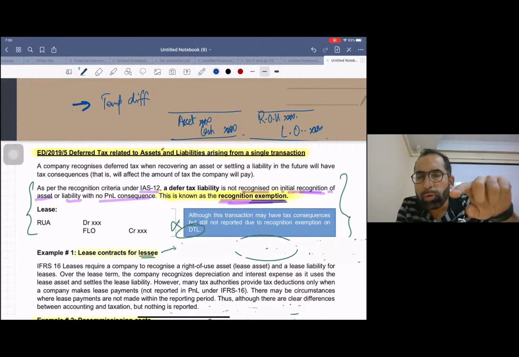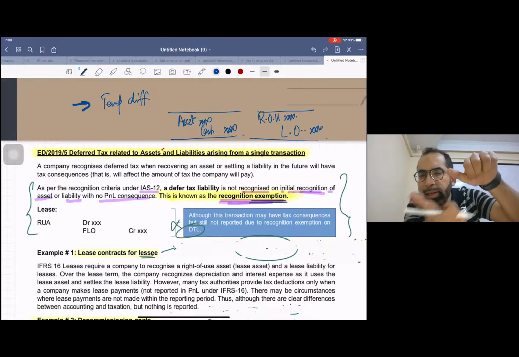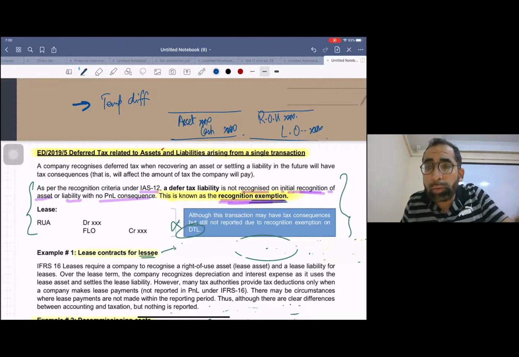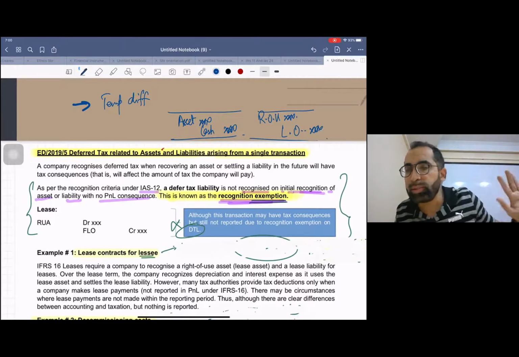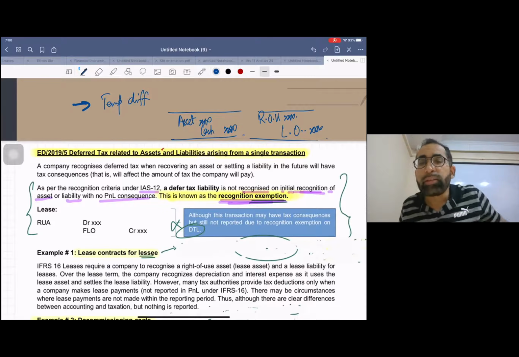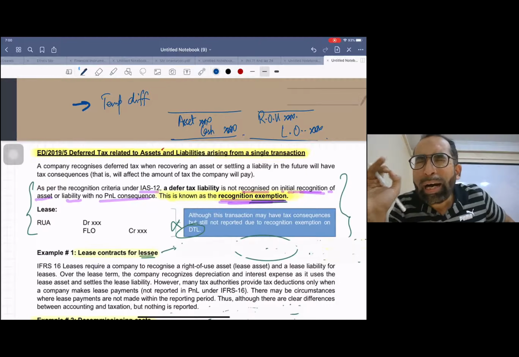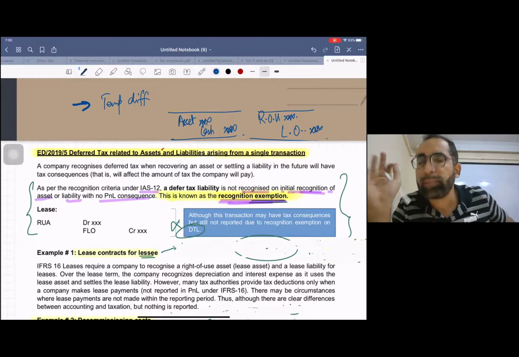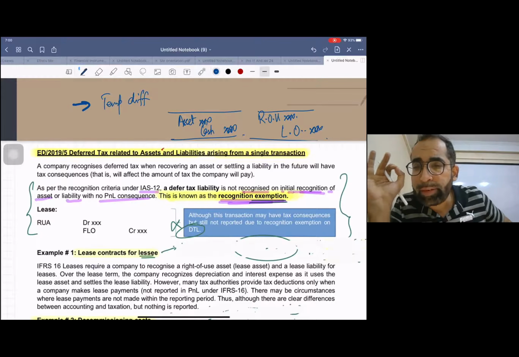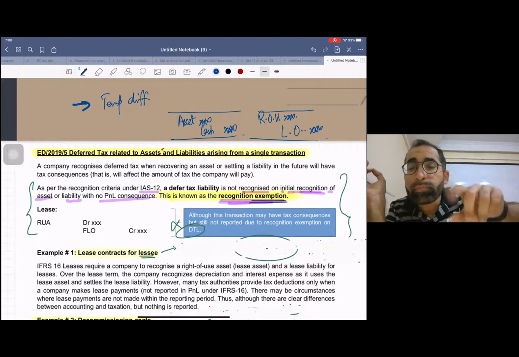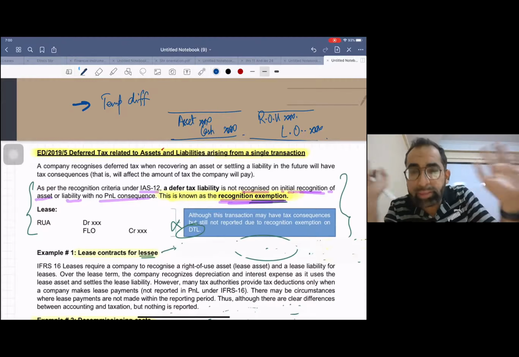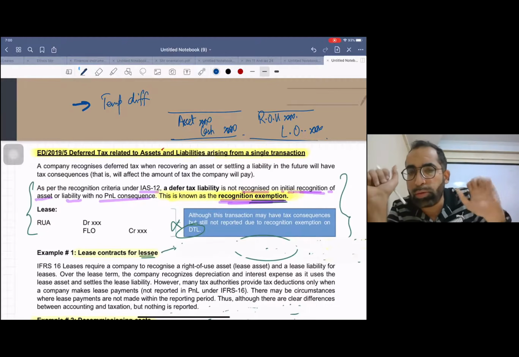You are going to book an asset on one side and liability on the other side. And right now in this entry, there is no P&L consequence. So when there is no P&L consequence, you are eligible for recognition exemption. You don't need to book any deferred tax on this according to existing IAS 12, the prevailing IAS 12, which is going on.